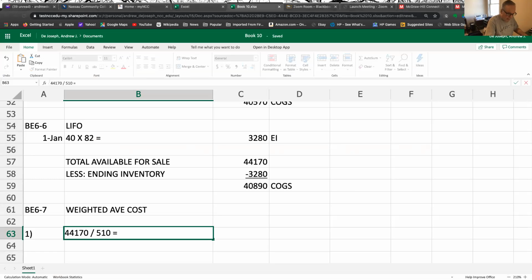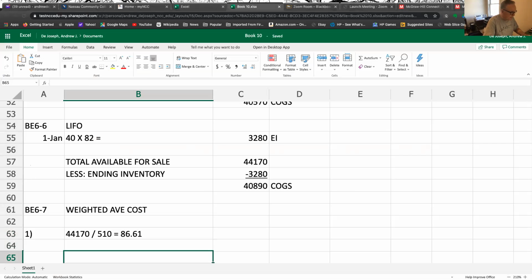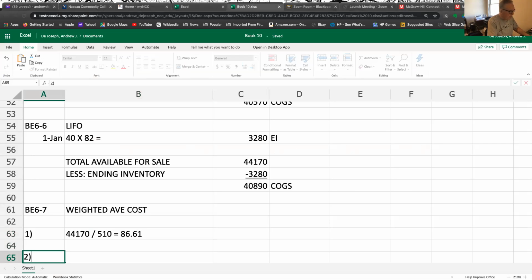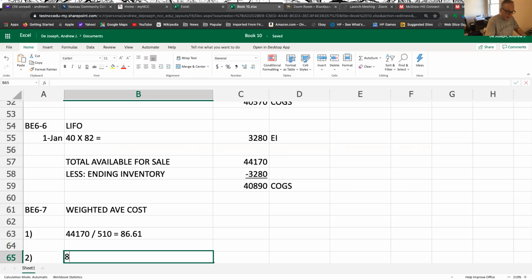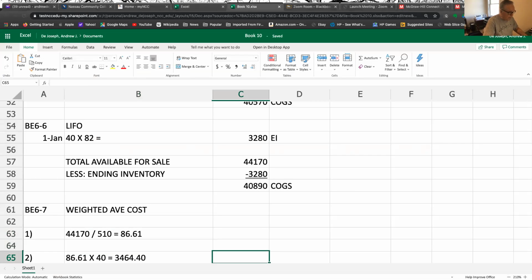And that came out to $86.61 per unit. That's rounded. And step two would be to take that $86.61 and multiply it by the number of units you have in ending inventory, which came out to 3,464.4, but rounded, let's call it 3,464.